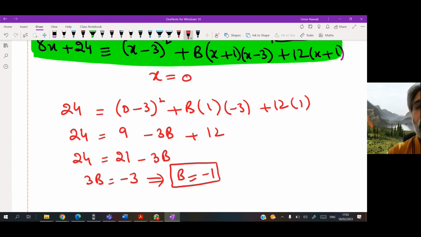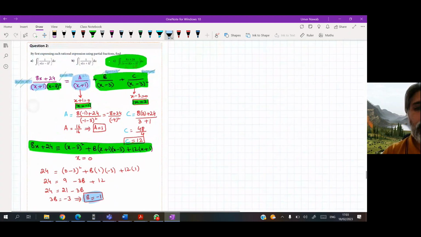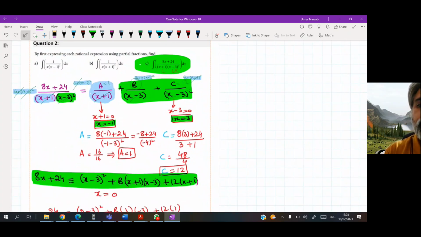So B comes to us as minus 1. Now substitute all the values. Ready to do the integration? I'm ready to do the integration.